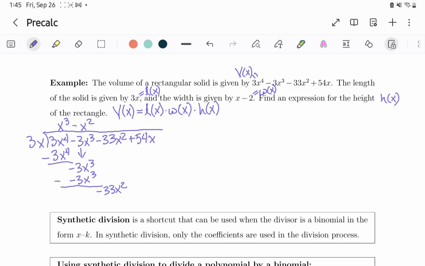Well, 33 is equal to 3 times 11. So we could cancel out the 3's with each other, and we would have a minus 11 remaining for the coefficient. And then after we cancel out the factors of x, we'll be left with just one factor of x in the numerator. So we'll have minus 11x for our next term for the quotient. And then multiplying 3x by minus 11x is going to give us minus 33x squared.